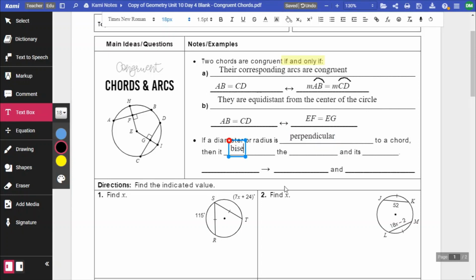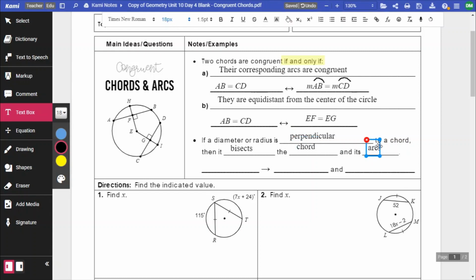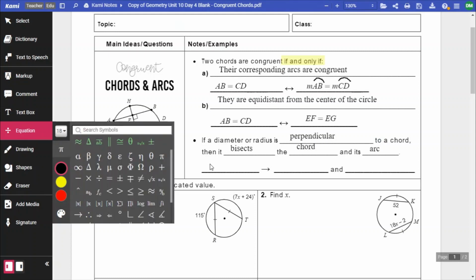So if we look here, we've got this radius, EH, which is perpendicular to AB. So what that means is that AF is equivalent to FB, and also arc AH is equivalent to arc BH. Those are all congruent.